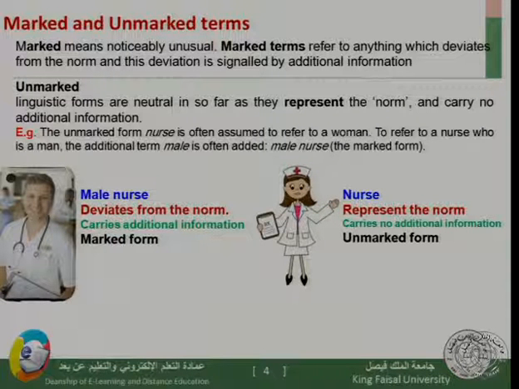So male nurse is the marked form because it is unusual, because it deviates from the norm, it carries more information, while the unmarked term nurse represents the norm, which is the female nurse. It carries no additional information.